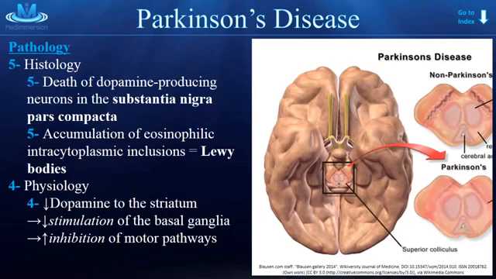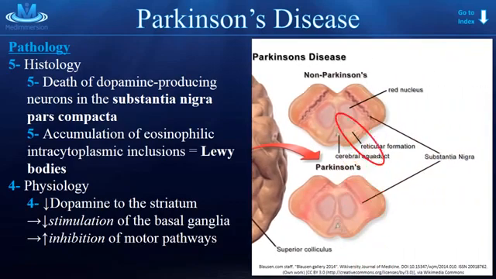If we zoom in on those slices, you can see on the top of these two images the substantia nigra, which looks like a dark stain running through this portion of brain. And in fact, that makes sense since the word substantia nigra means black substance. So there's this black line that runs through here, and it's stained black, or it looks black, because it has higher levels of neuromelanin, which makes it appear dark.